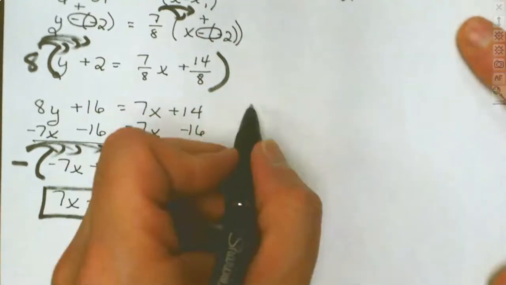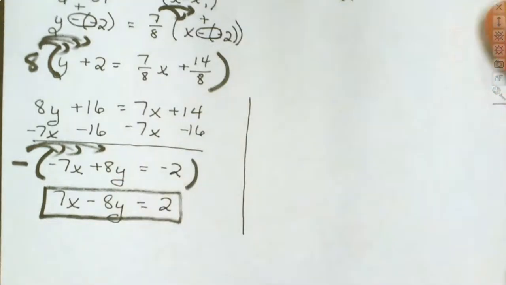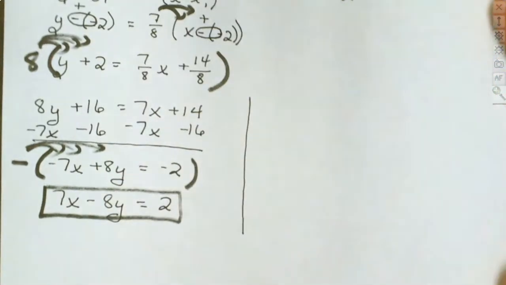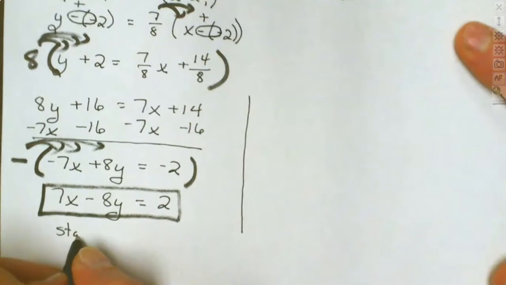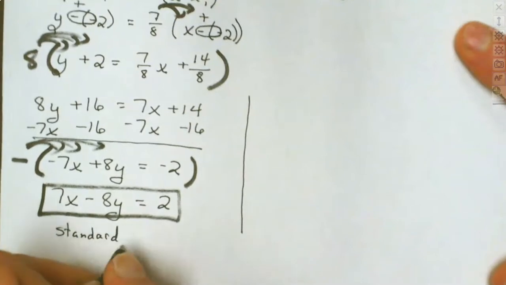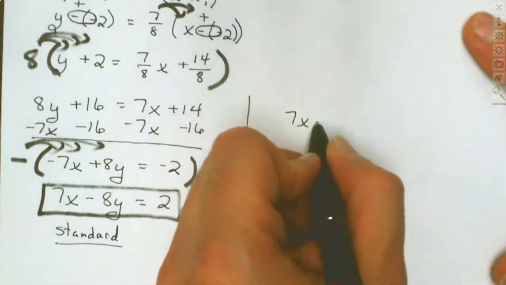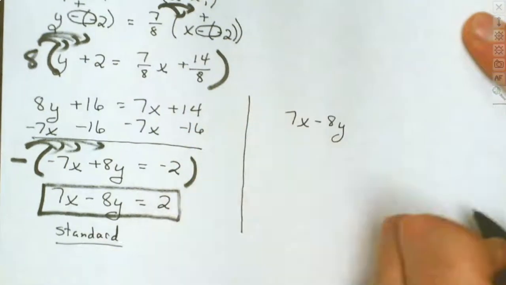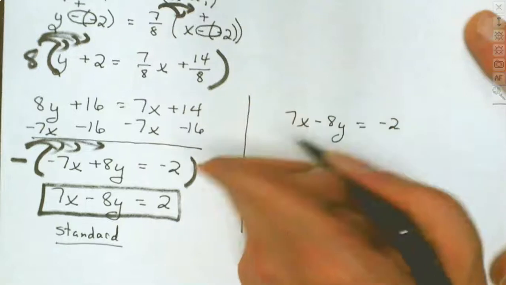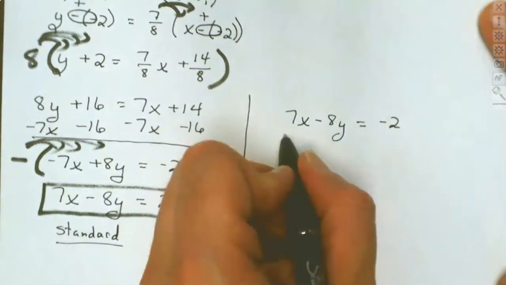We also want it in slope-intercept. So how do we get it in slope-intercept? This is standard. How do we get it in slope-intercept? We take our standard form and we just go ahead and solve it for y. So move the 7x over.